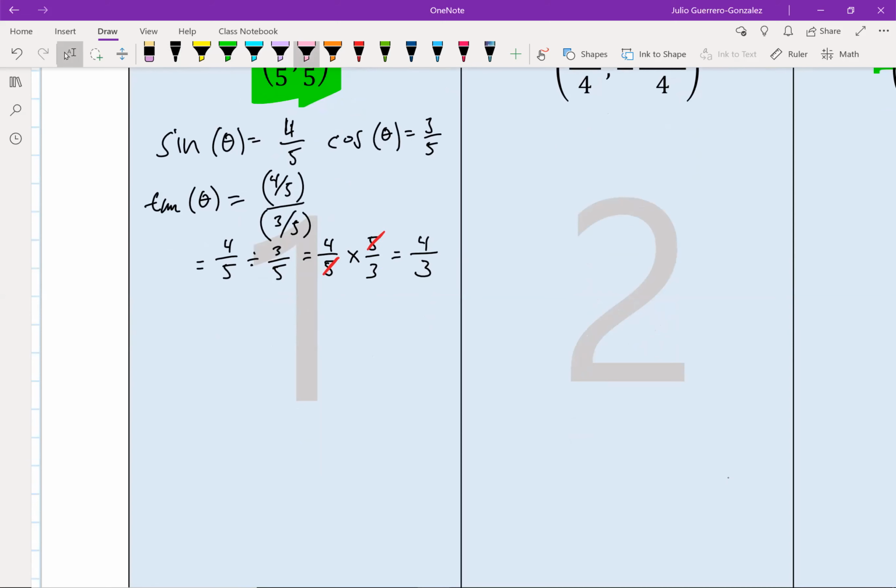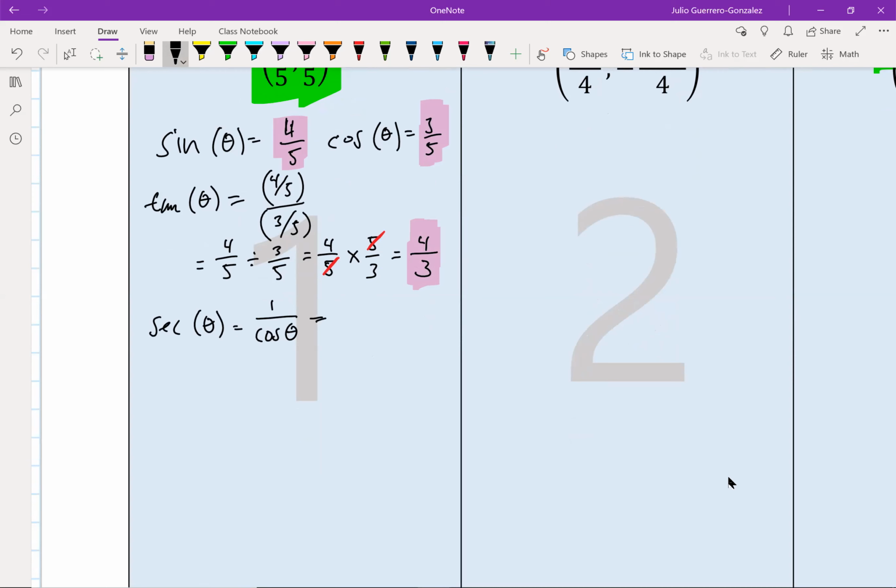So these 3 right here are the harder ones to figure out, because once we have these, we can use the definitions of cosecant, secant, and cotangent to flip these around how we need. So secant of theta is 1 over the cosine of theta.